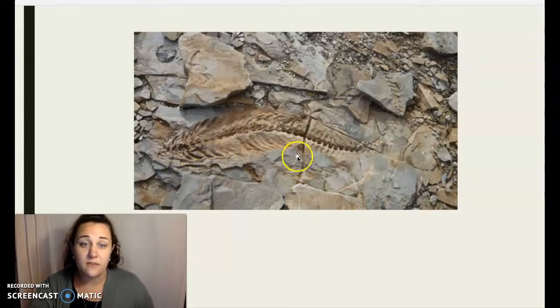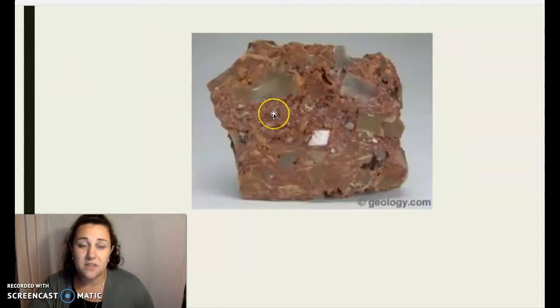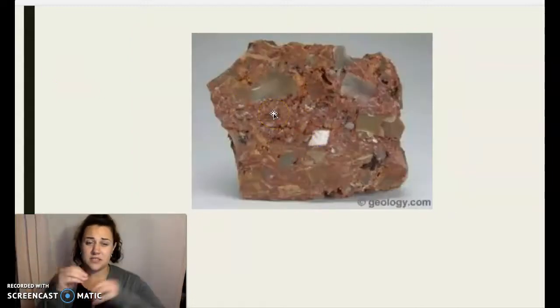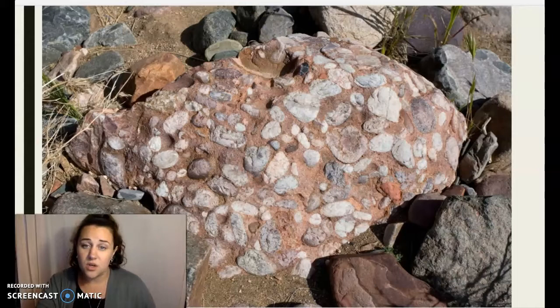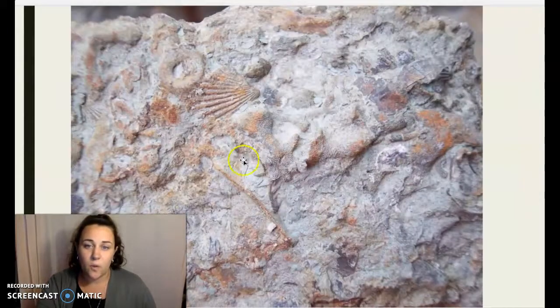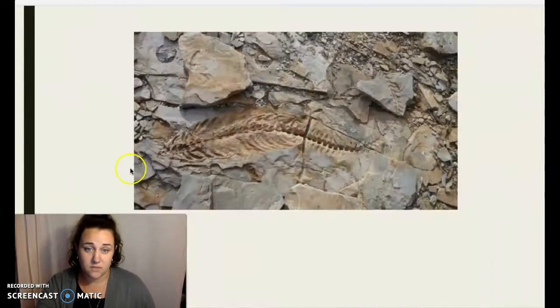That's the rock that we have our fossils in. You can see all the pieces. Sedimentary rocks are all tiny pieces put together: other rocks, shells, plants, animals, bones, all pieces put together to make one big sedimentary rock. And fossils are one of them.